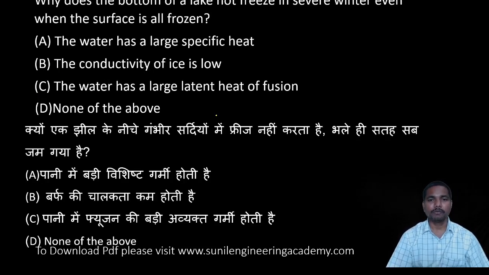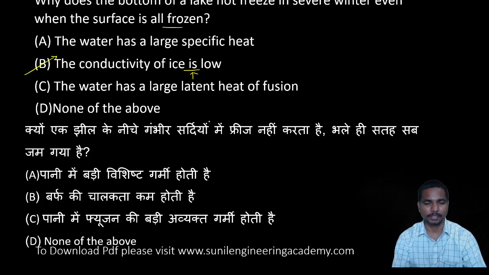Why does the bottom of a lake not freeze in a severe winter even when the surface is frozen? Because the conductivity of ice is very low. So it may not allow the heat or cool through it.